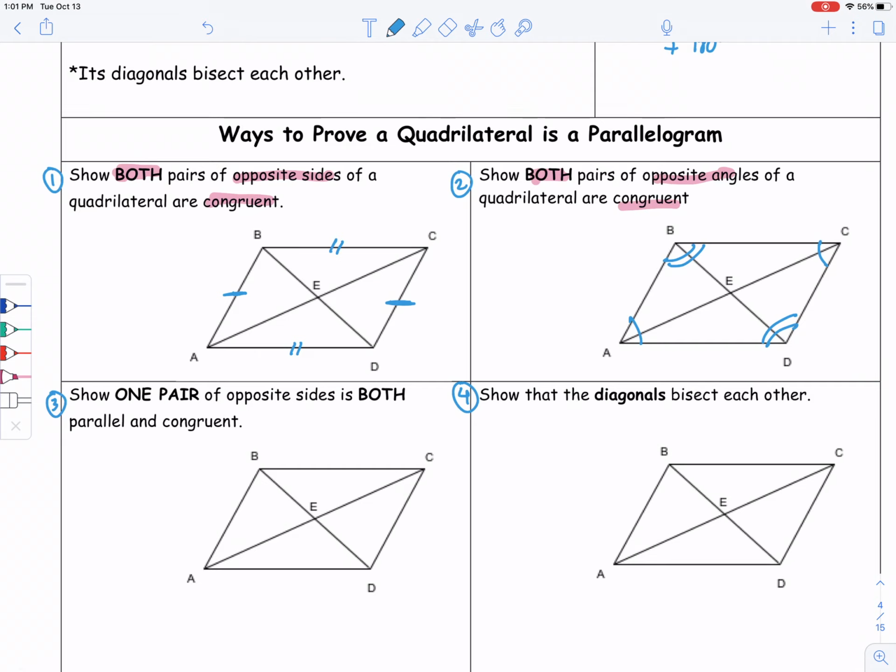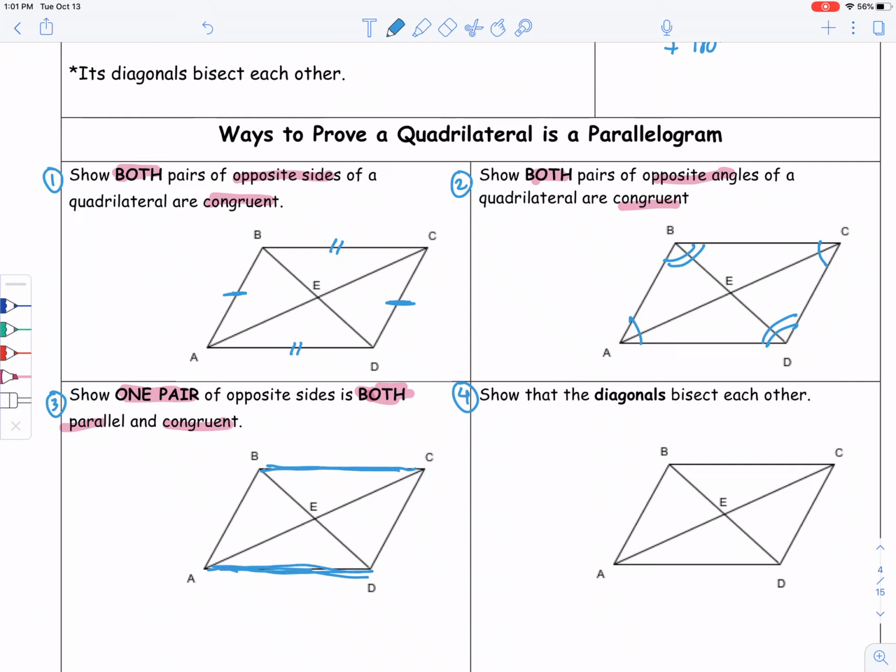Third way, I want to show that one pair, so not both pairs, but one pair of opposite sides is both parallel and congruent. So one pair, only one pair of sides have to be labeled. So let's say I want AD and BC to be labeled.